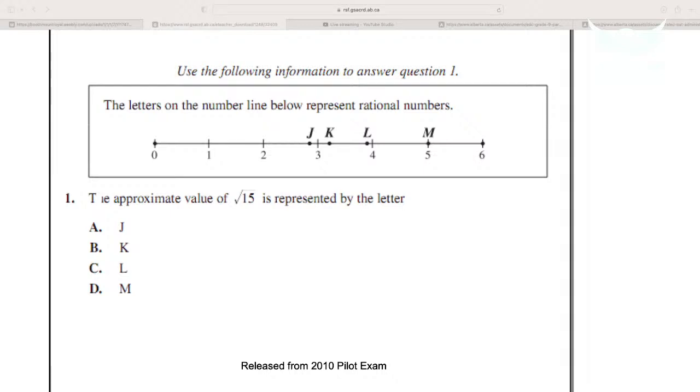So first question, estimation. We need to estimate a square root value. We're given a number line, with letters, and we need to approximate the value of the square root of 15.